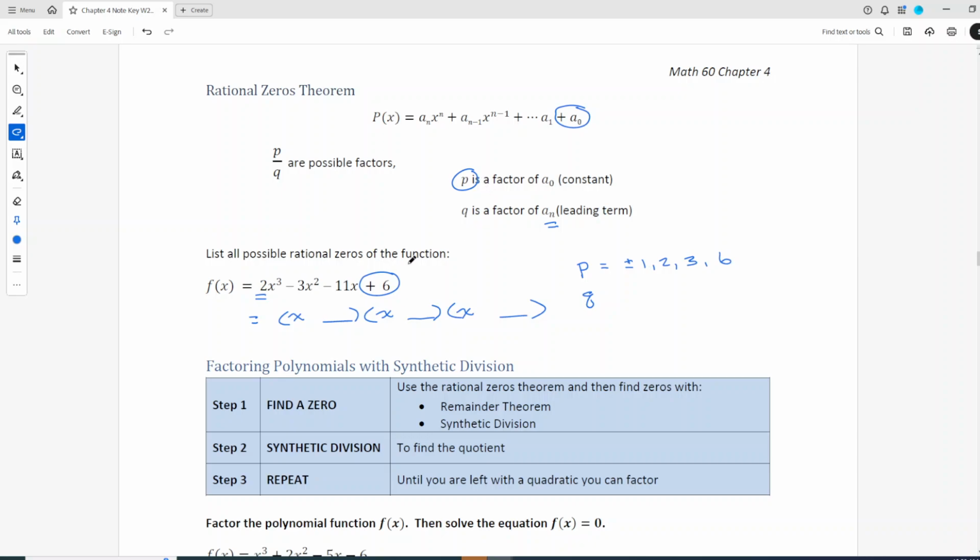And so you're also going to think about, what if I took these and I divided them by plus or minus 1 or 2? So 1 and 2 are the only factors of 2.